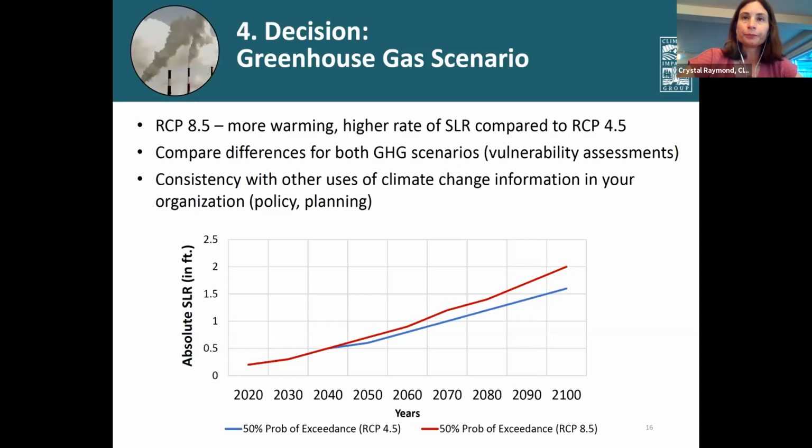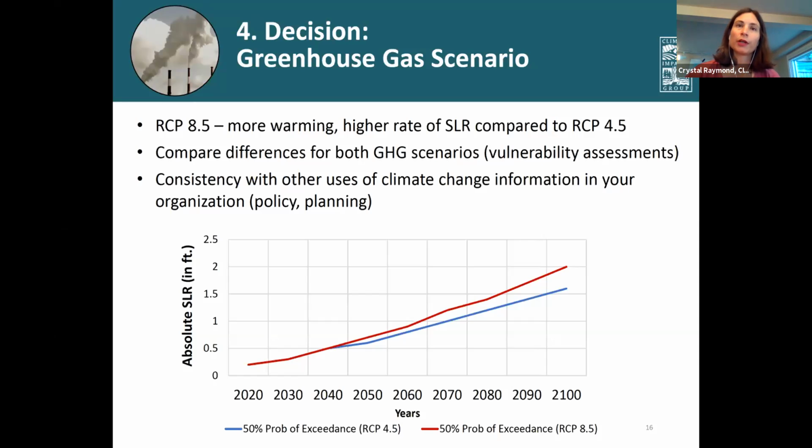like to use. Some considerations for that, for example, again, for vulnerability assessments or risk assessments, the most appropriate thing is probably to compare both greenhouse gas scenarios and sea level rise values for those to see what the different impacts may be and determine to what extent it makes a difference depending on which one you use.